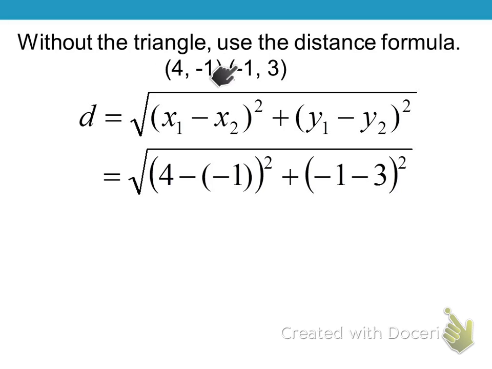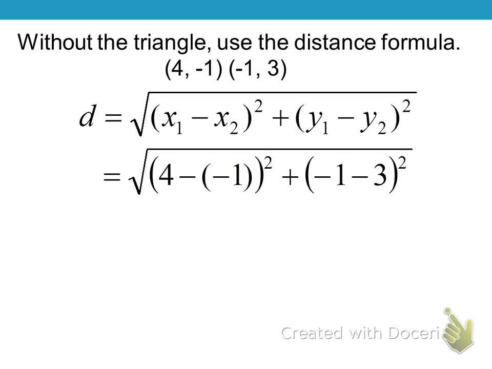From that, I'm going to subtract -1. That's my second x. Once I do that math, I'm going to square it. Then I'm going to add to that the difference between the y's. This is y1, the first y I was given. This is y2, the second y I was given. And then I'm going to square it. Any questions on where this is all coming from?